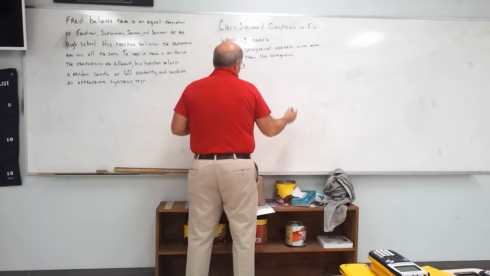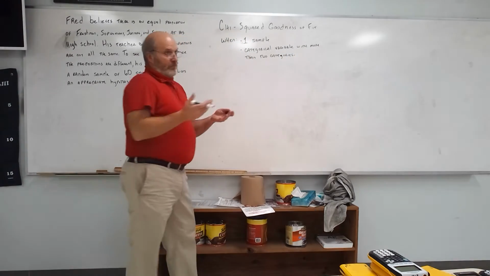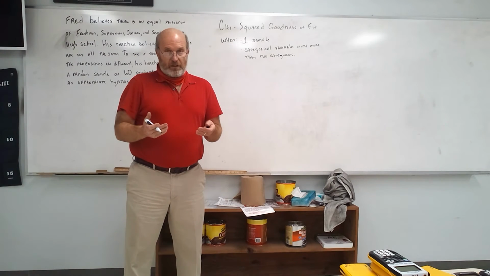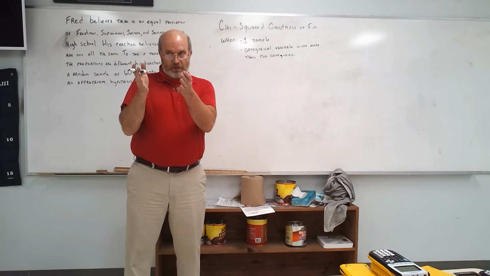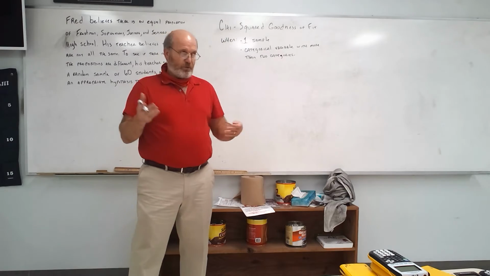If there were only two categories, we could use a one proportion z-test because we could figure out the proportion that fits in one category. That would give us the proportion that fits in the other.